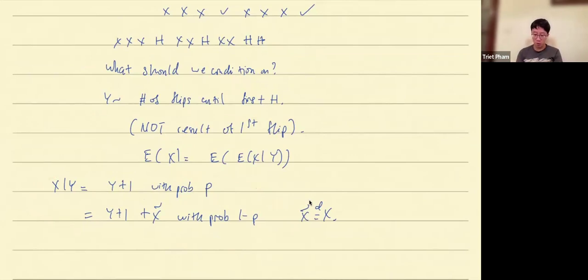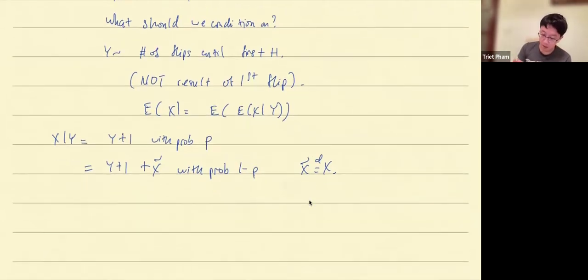So this is the conditional distribution of x given y. Any question? Then of course the next thing is expectation of x given y.